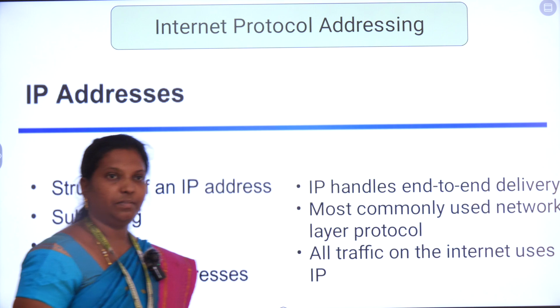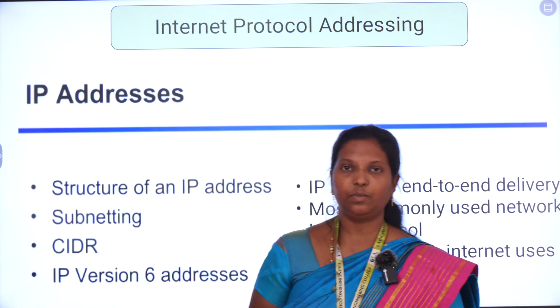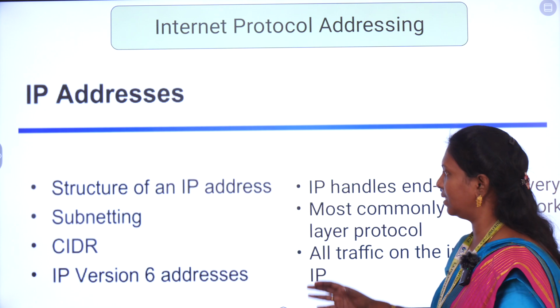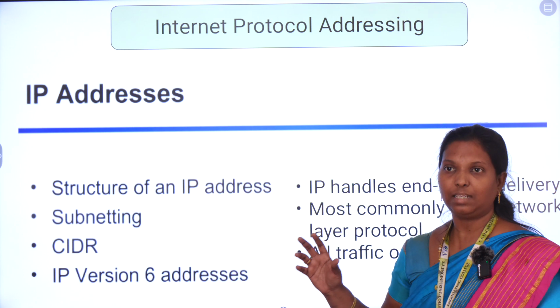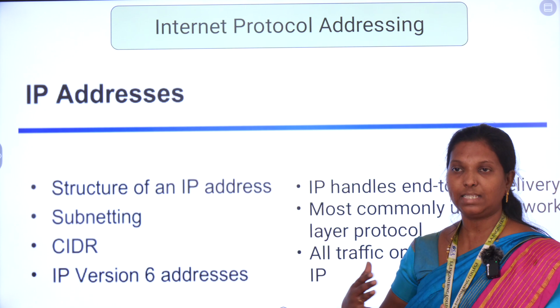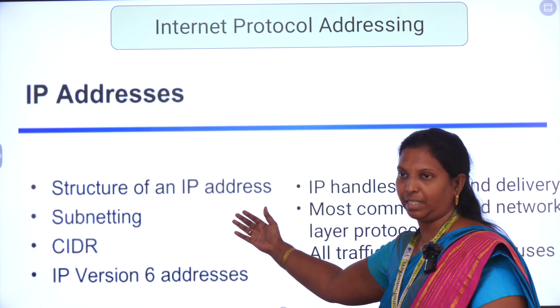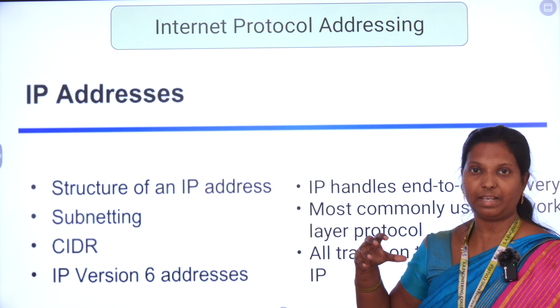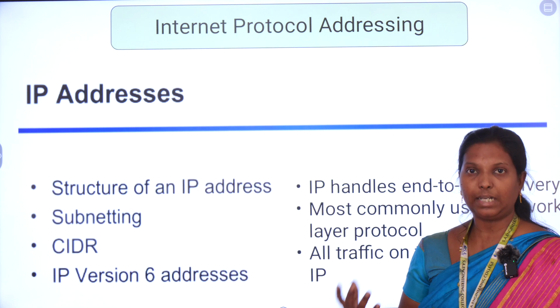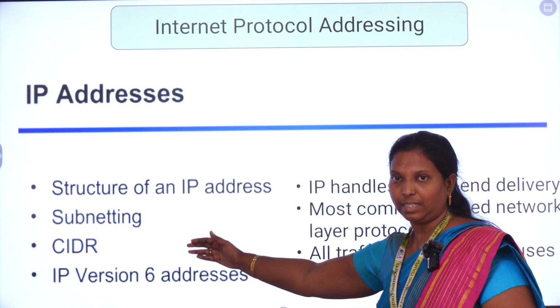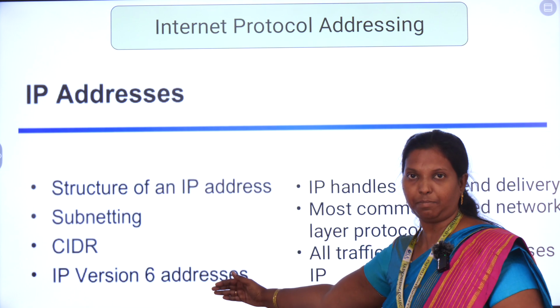And as you know, IP addressing generally belongs to the network layer, and that network layer covers the content of IP addresses and focuses on each individual computer's connection. The IP address is the only communication way by which all the scenarios of networks get connected, and it is associated with subnetting, next to CIDR, and we have IP version 6.